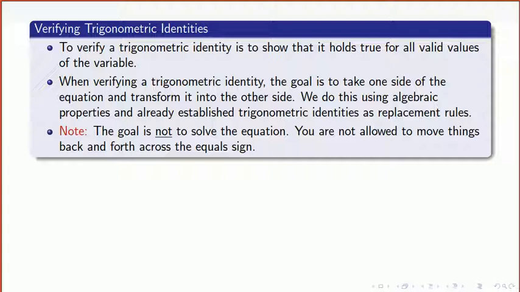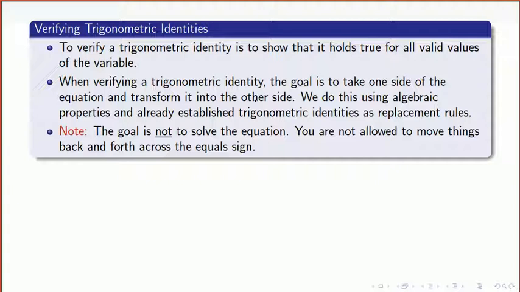But when verifying a trigonometric identity, we know it's an identity, so the equation is true for all valid values of the variable, and we wouldn't gain any benefit from solving it. Instead, we want to take one side of the equation and transform it to look like the other side. That way we know that it's true.